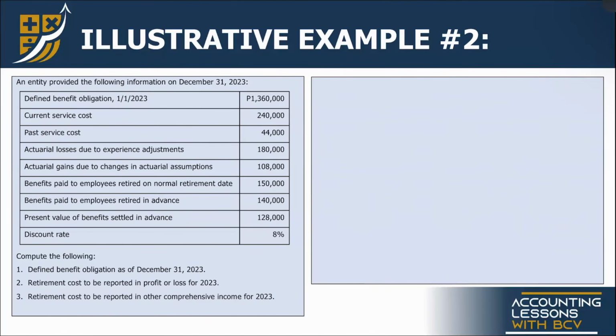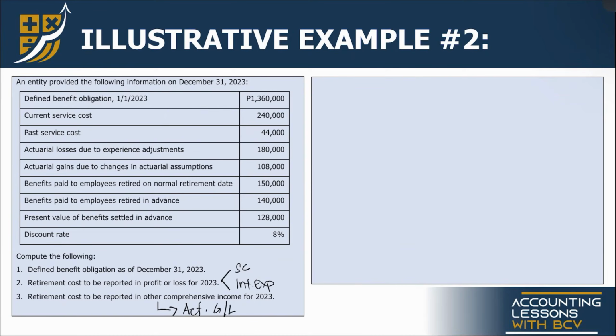Actually, that is two items. What are they? Service cost and your interest expense. Those go to P&L. Then, what goes to other comprehensive income are the actuarial gains and losses.